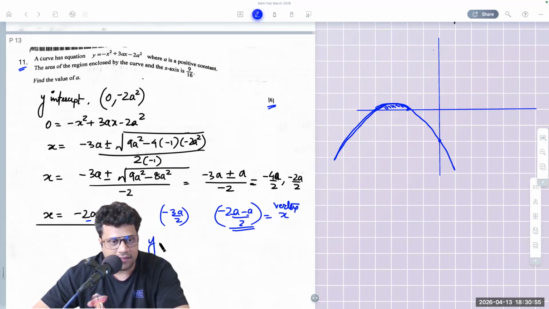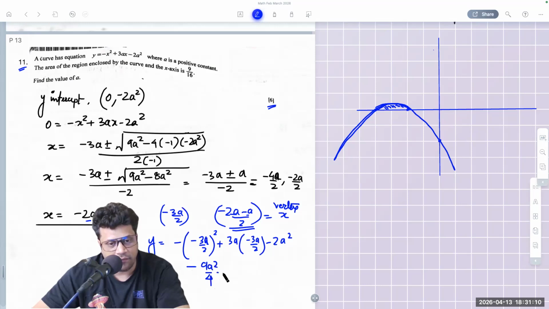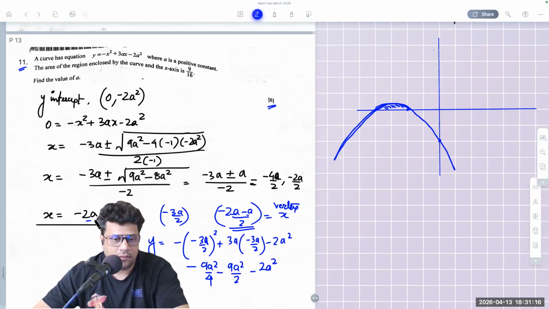And the y is going to be negative of negative 3a by 2 squared plus 3a times negative 3a by 2 minus 2a square. That's negative 9a square by 4, negative 9a square by 2, negative 2a square. And what is going on?